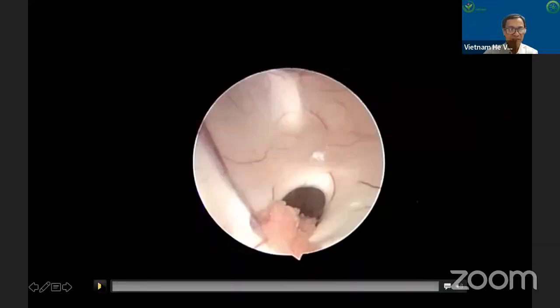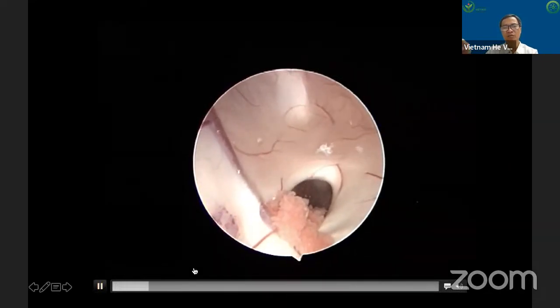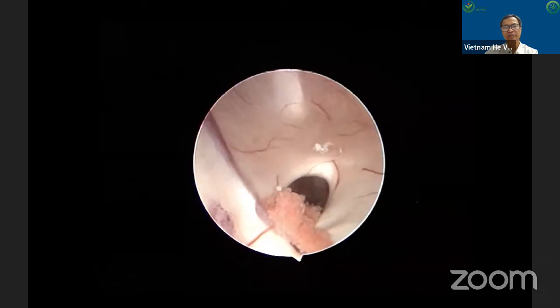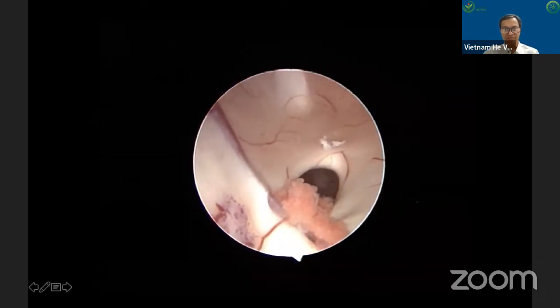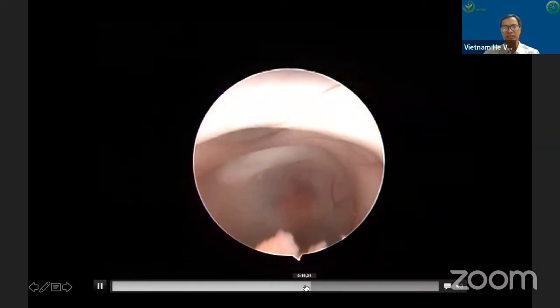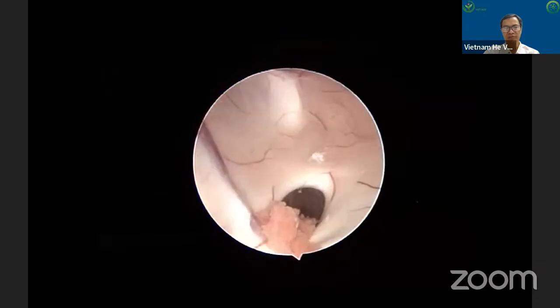Here is an example. In this case, when we go inside the lateral ventricle, we can see the Monroe foramen easily. It is a very easy case. We pass the Monroe foramen and go to the third ventricle.